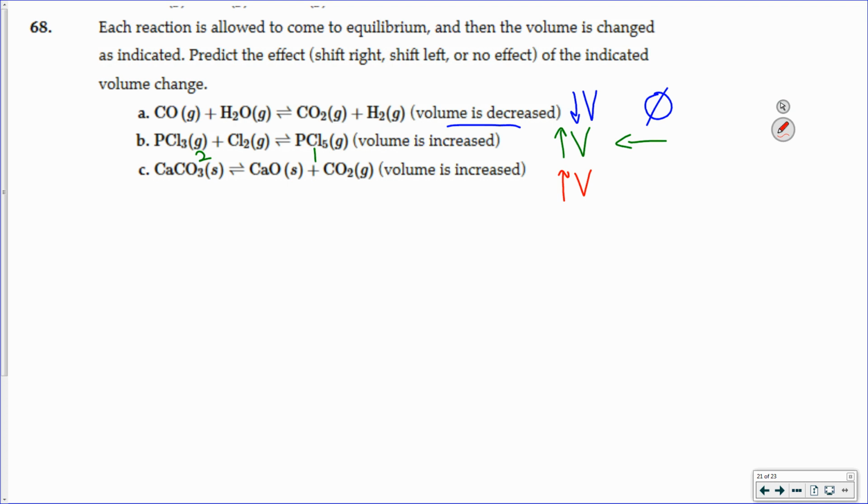Okay, so the solids don't count as the moles of gas. I've got 1 mole of gas here, 0 moles of gas on this side. So when you increase the volume, it's going to shift to the side with the most moles of gas. It's going to go to the right. Okay? Question on that? Easy stuff.